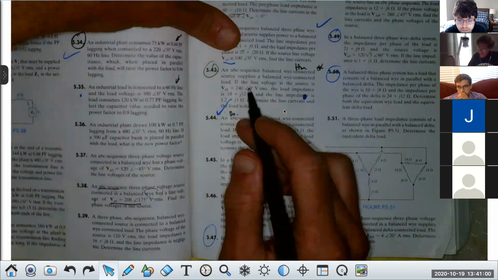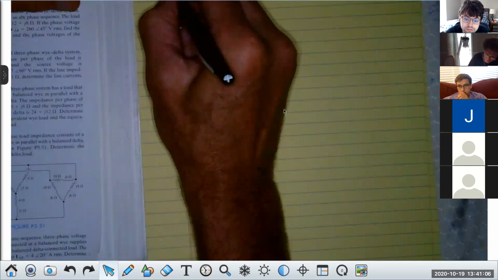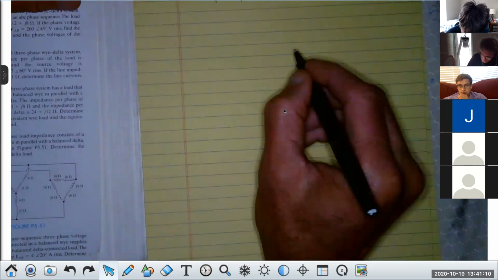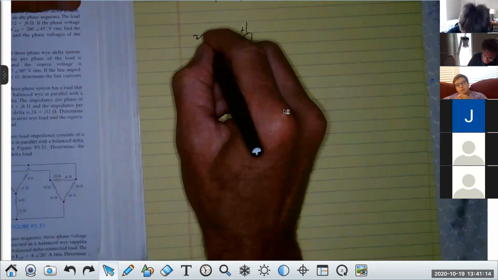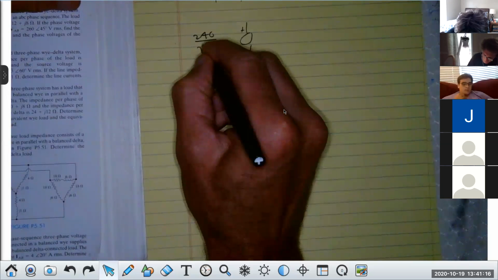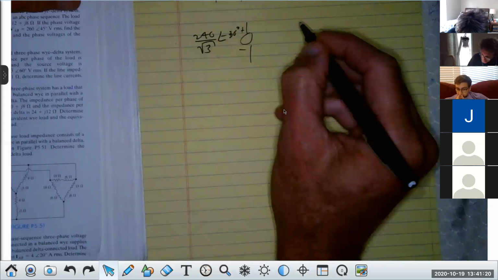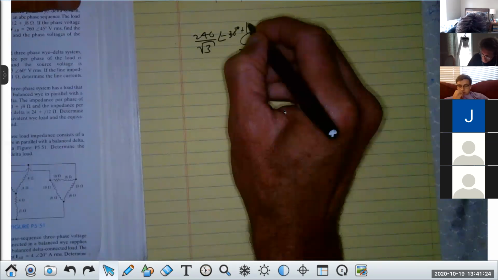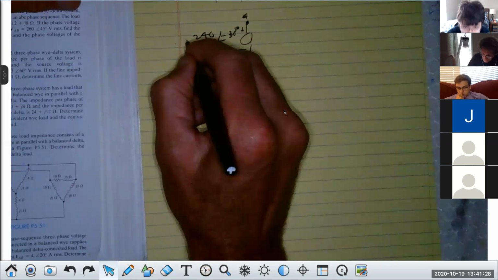So when I do this one, right away, I go Y. Now I go ahead and do the load voltage here, and that's going to be a voltage here, plus the minus 240 over the square root of 3 at an angle of minus 30 degrees. Correct, class? That's small n, that's small a. That's just identifying the phase, A to N voltage.